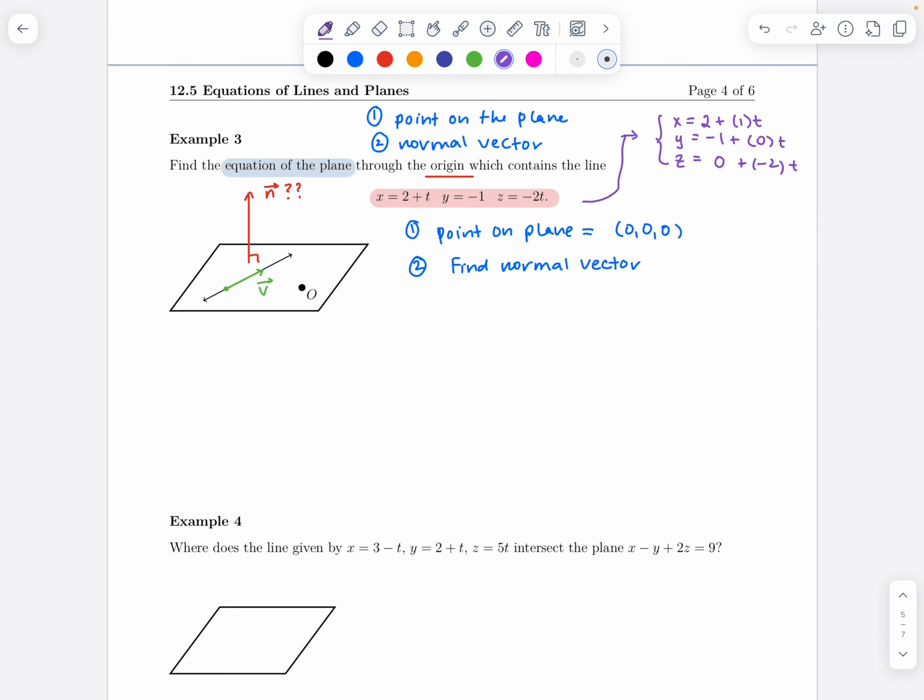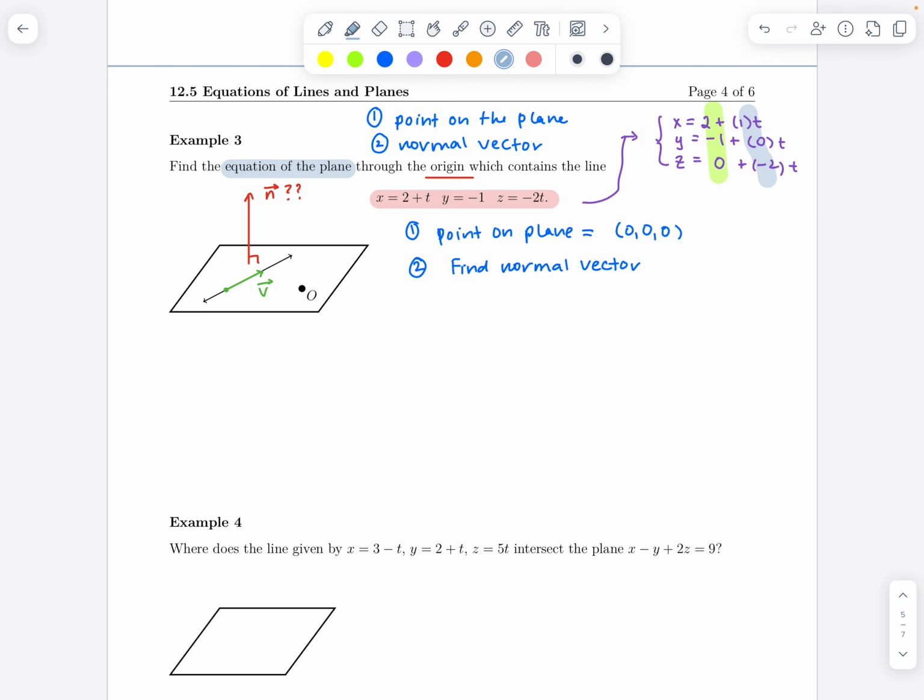-2t. And according to our equation, the parametric equations, the numbers that are being added are the coordinates of the point that we know is on the line. And the numbers that are the coefficients of the t's are the entries in the slope vector.